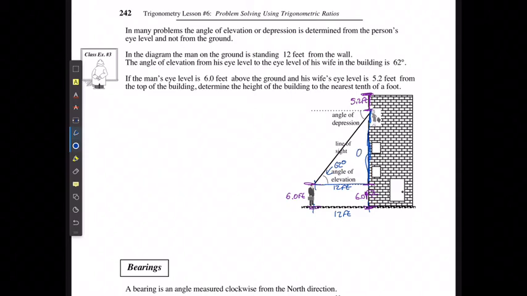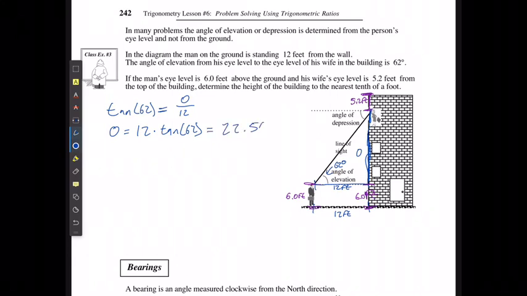And I'm going to say that tan of 62 is equal to my opposite divided by those 12 feet, or the opposite is equal to 12 times tan of 62. This is going to give me approximately 22.56 feet. I'm not going to round it too far just yet.